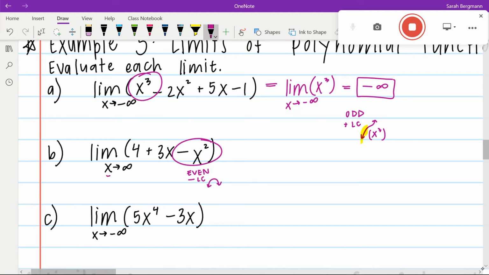And they're asking us as x approaches positive infinity, so that means we're talking about the right end. We know that this will be equal to the limit of just negative x squared as x approaches infinity. So this would be just equal to negative infinity, since negative x squared would be approaching negative infinity on the right end.